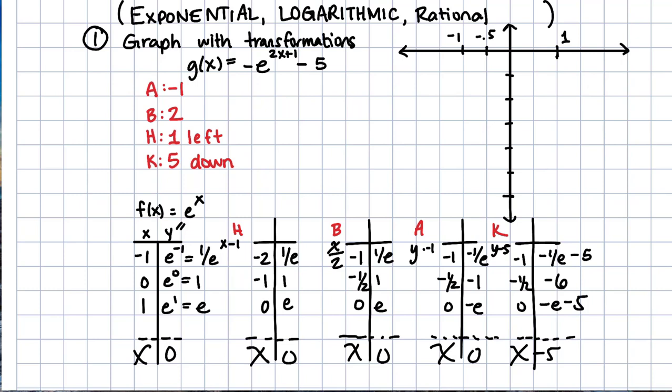Okay, and now would be helpful to get a decimal approximation for those points, particularly negative 1 over e minus 5, just so that we have a handle on roughly where it is. So it's going to be somewhere between negative 5 and negative 6, about negative 5.5, but not quite, so a little bit less than negative 5.5.